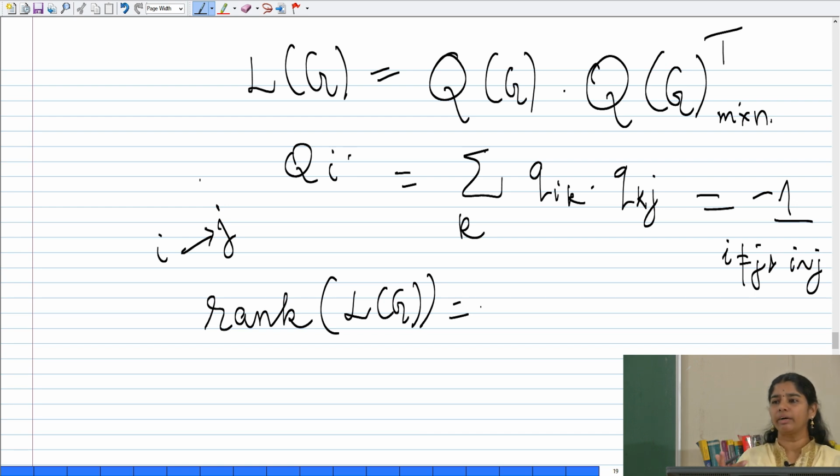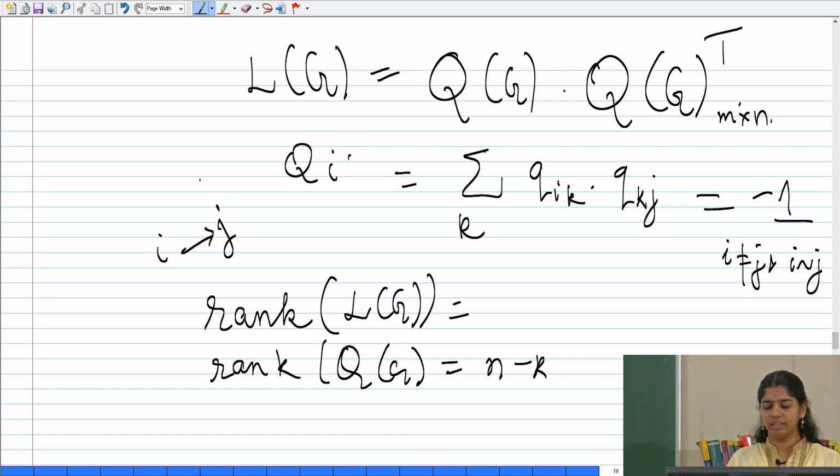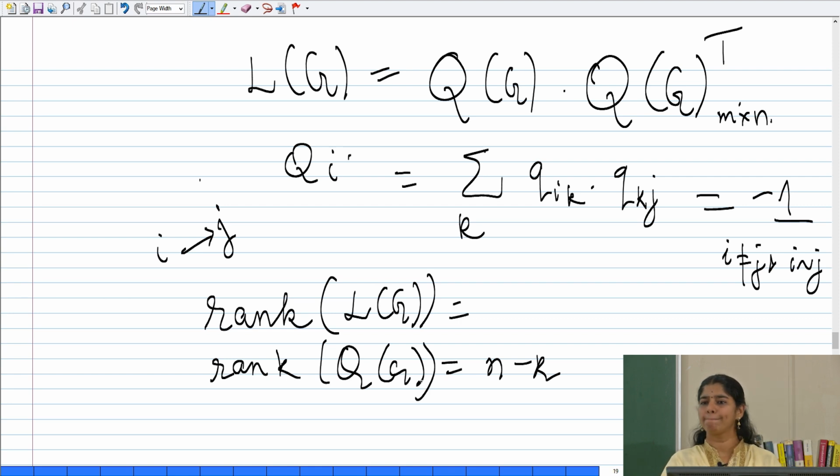So, we know that our rank is at most n minus 1. Knowing the fact that the rank of Q of G is n minus k, what can we say about the rank of L of G? My G has k components, so it is n minus k, whether k is 1 or more.